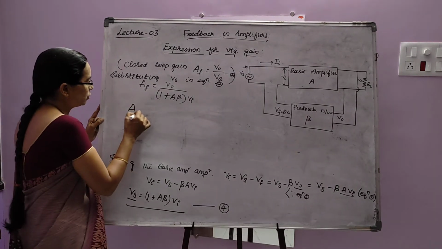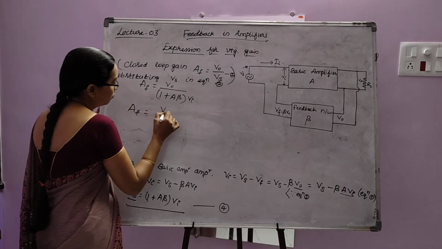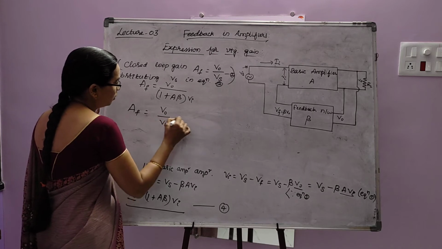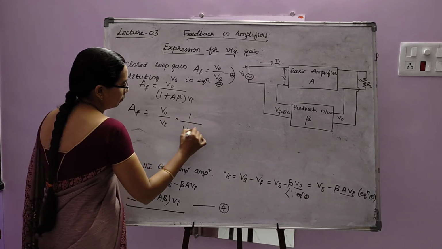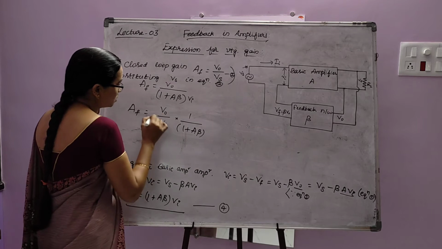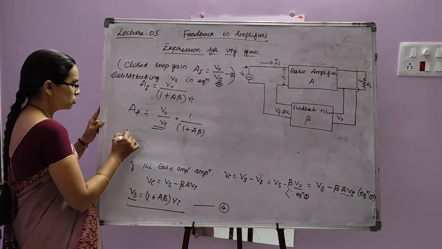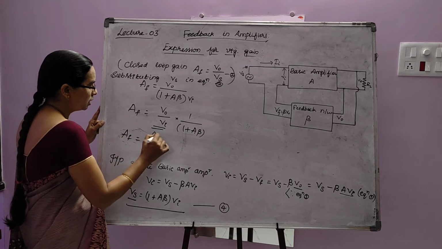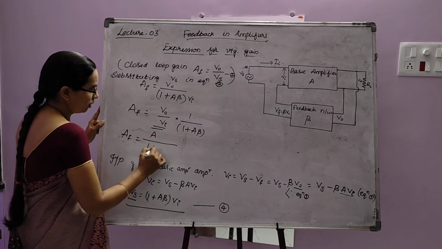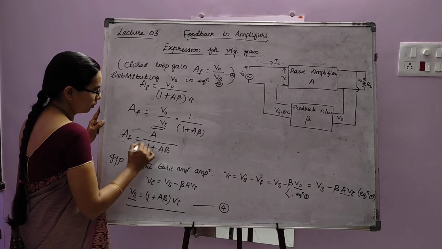Okay, AF is equal to V naught by Vi into 1 by 1 plus A beta. What is this? V naught by Vi is the open loop gain. So AF can be written as A divided by 1 plus A beta.